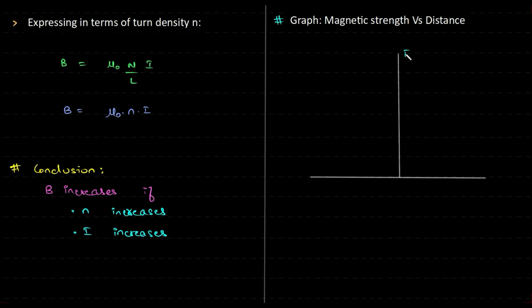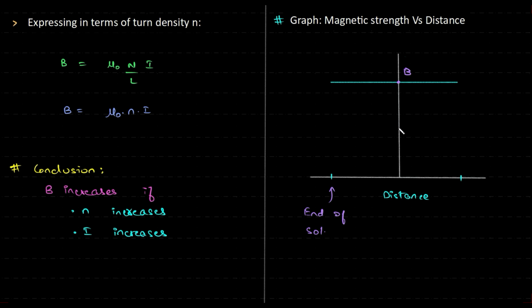So we are looking at the magnetic field strength, sorry, not E, B, and the distance. Say this is the end of the solenoid. So the magnetic field strength will be the same throughout. But at the end of the solenoid, you don't have this derivation per se, right? But I want to show it to you guys.